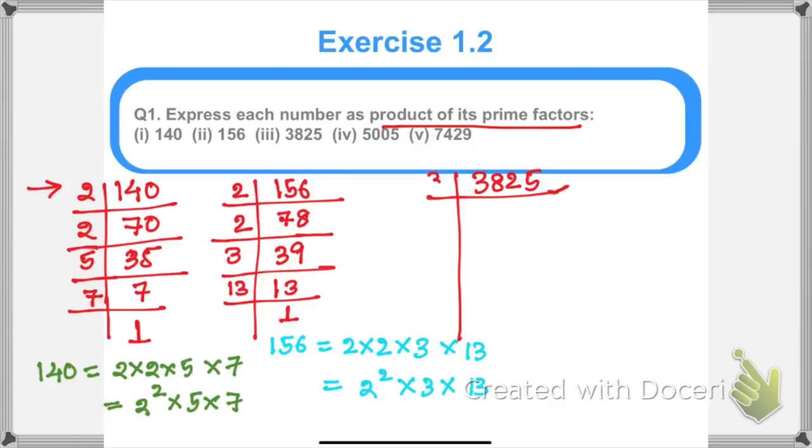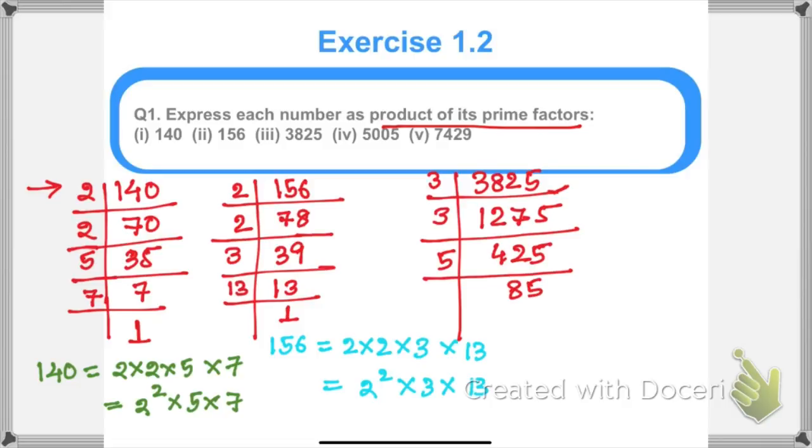So starting with 3, 3 1s are 3, 3 2s are 6, 3 7s are 21, and 3 5s are 15. Next, again dividing it by 3, we get 425. Again, now this won't be divisible by 3 anymore, so dividing it by the next prime factor, that is 5, we'll get 85.